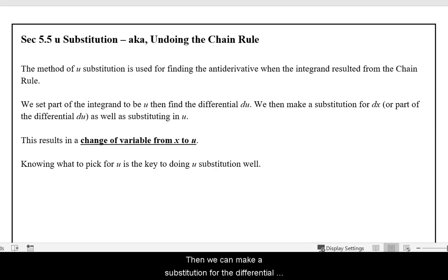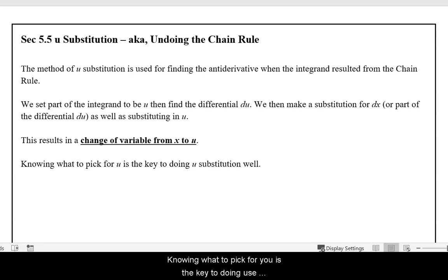Then we can make a substitution for the differential dx so that we can switch it to the differential du, as well as substituting in whatever we decided u should be. This will result in a change of variable from whatever the original variable was, usually x, to the variable u.